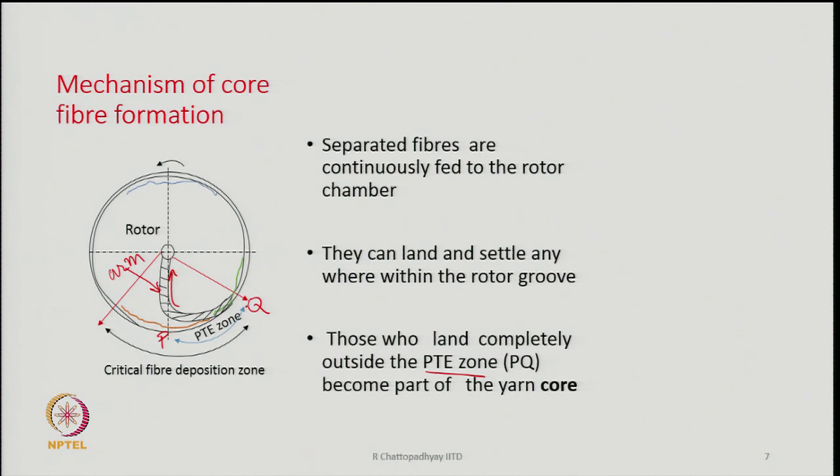So, from P to Q is the twist transition zone, because beyond the point Q the fibers are practically laid parallel within the groove. So, the twist reaches up to the point Q, which is a point on the rotor groove. Part of the fiber band lying within the rotor groove is twisted, and we call this zone the PTE zone, peripheral twist extent zone.